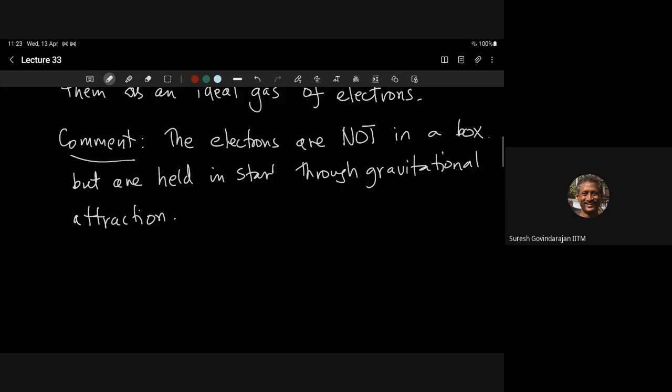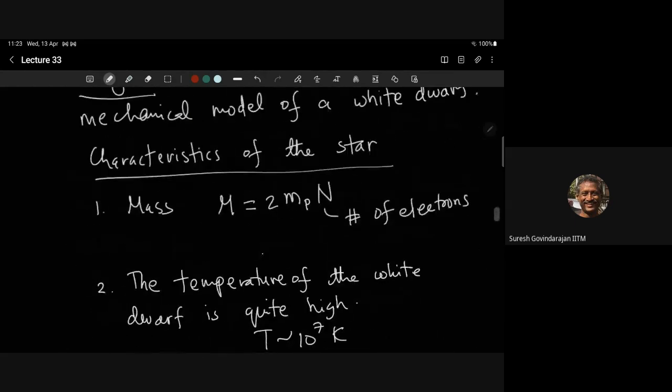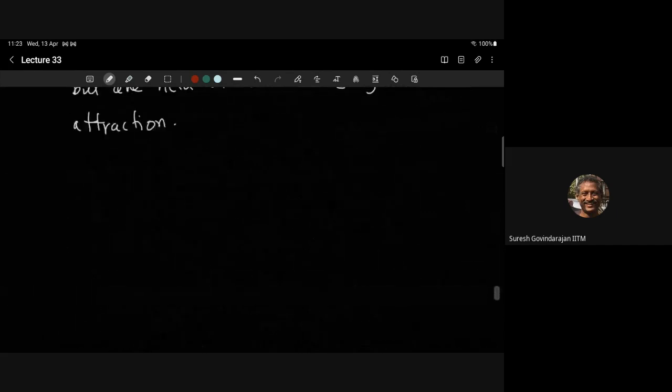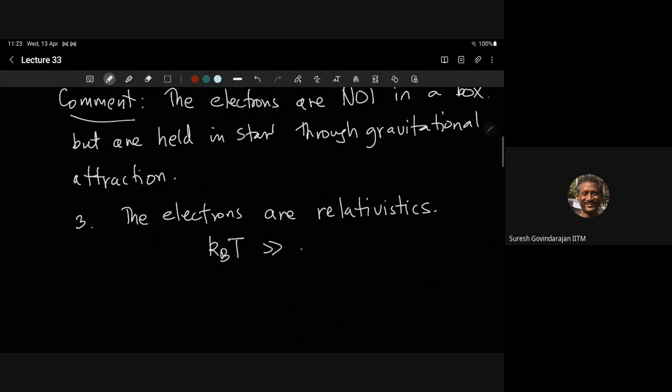And one more thing. The third parameter is that the electrons are relativistic, because k_B T is fairly large compared to mc², where m is the rest mass of the electron and c is of course the speed of light.